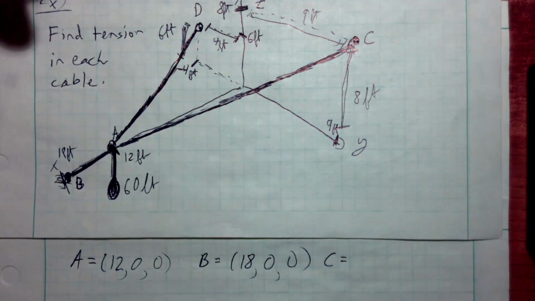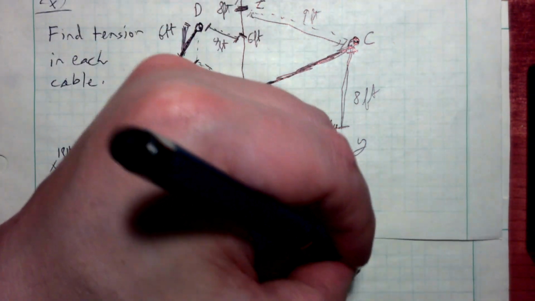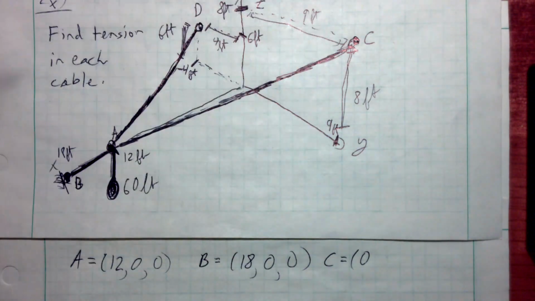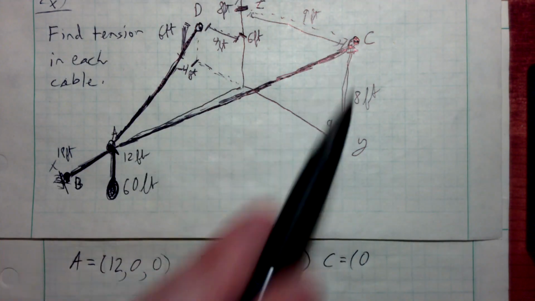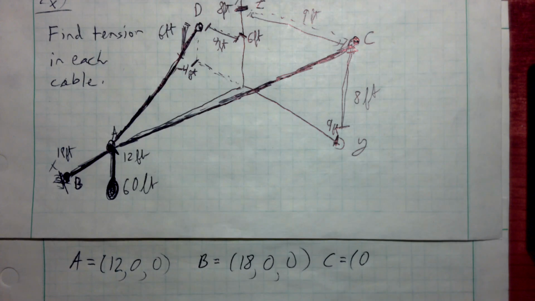Point C up here has an x value of 0. It's on the zy plane. It doesn't come out into the x value. It's right here at 0.